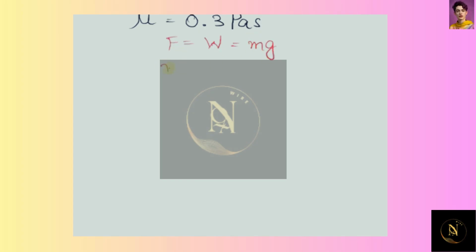Also, mass m is equal to rho into v, where rho is the density and v is volume, and volume v for a cylinder is given as pi by 4 d square into L. So if we put both these values in this F equation, we get the value for force equal to rho pi by 4 d square L into g.